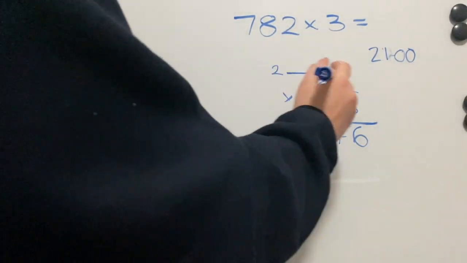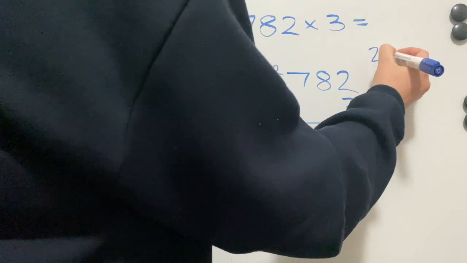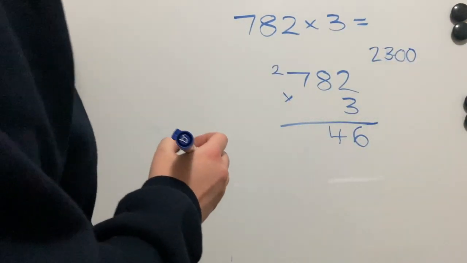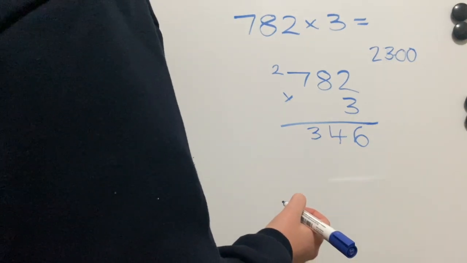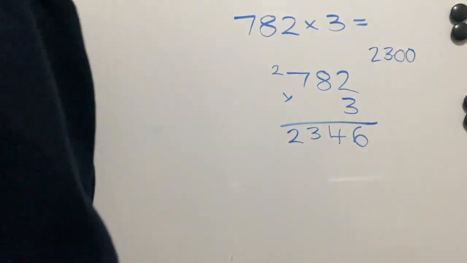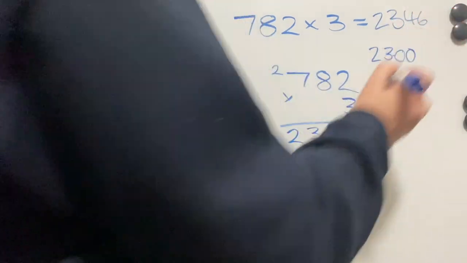And I know that I need to add the 2 extra hundreds on there. So that will equal 2,300. Now I can just add the 3 into the hundreds column, and I need to make a thousands column for the 2. 2,346.